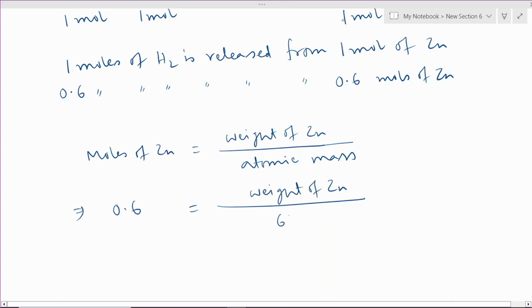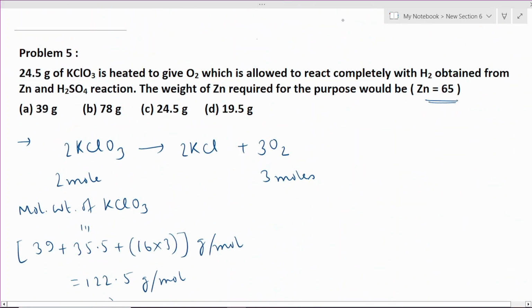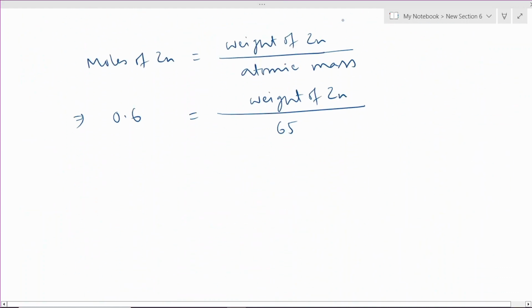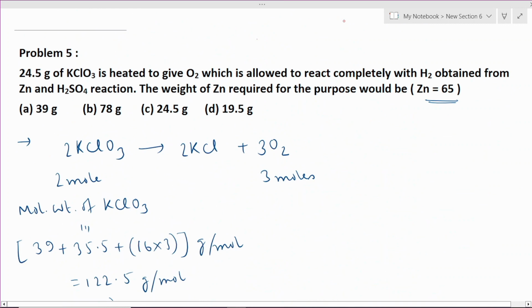Atomic mass is 65, so the weight of zinc is 65 into 0.6 gram, that is 39 gram. So that is the answer. 39 gram of zinc is required for the purpose. So that is the solution.